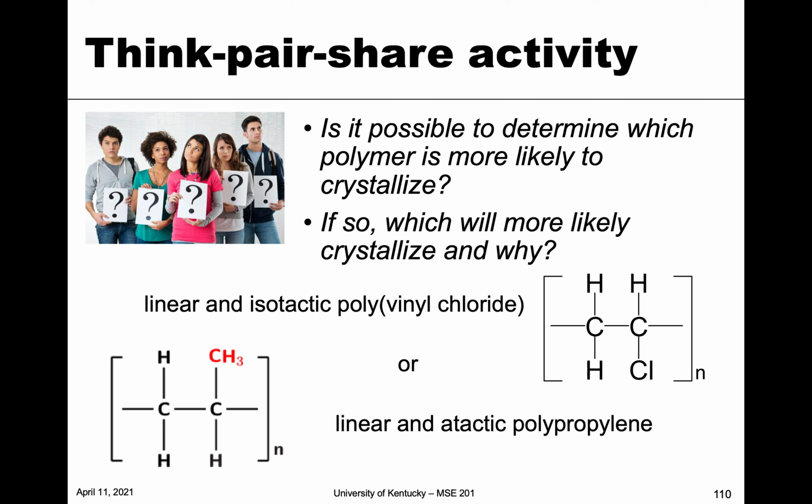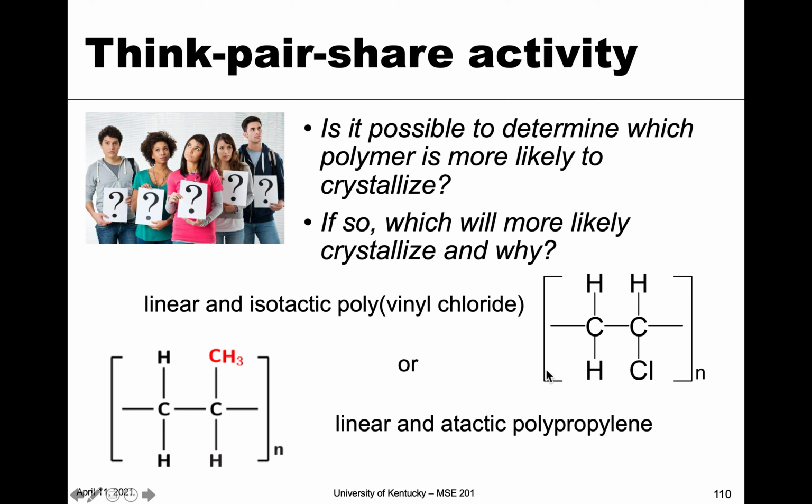All right, so let's take a look at this one and see if we can tell. They're both linear, so that factor doesn't influence anything. However, the tacticity does. Isotactic is more favorable than atactic, so that would indicate the polyvinyl chloride.